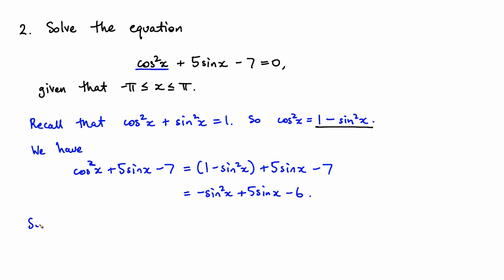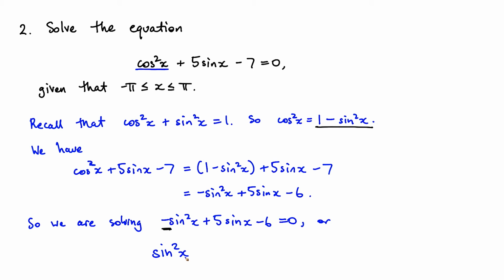Okay, so we are solving minus sine squared x plus 5 sine x minus 6 equals 0. Or, if you really don't like this minus term in front of the highest power of sine x, we can just multiply everything by minus 1 and rewrite this as sine squared x minus 5 sine x plus 6 equals 0.